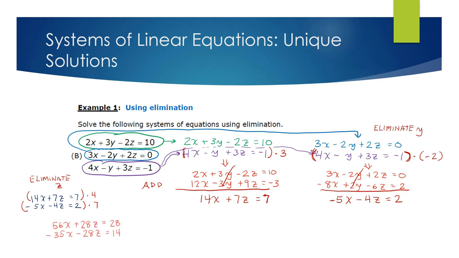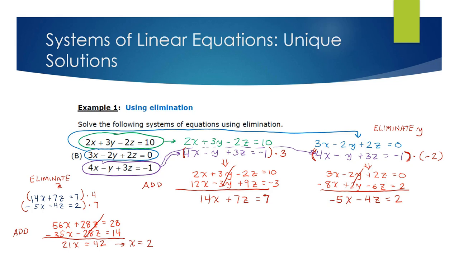So if I do that, I get 56x plus 28z equals 28 for the first equation, and I get negative 35x minus 28z equals 14 for the second equation. Now when I add the two equations together, the z's, of course, do cancel. They're eliminated. And I'm left with 21x equaling 42. I divide both sides by 21, and I get that x equals 2.